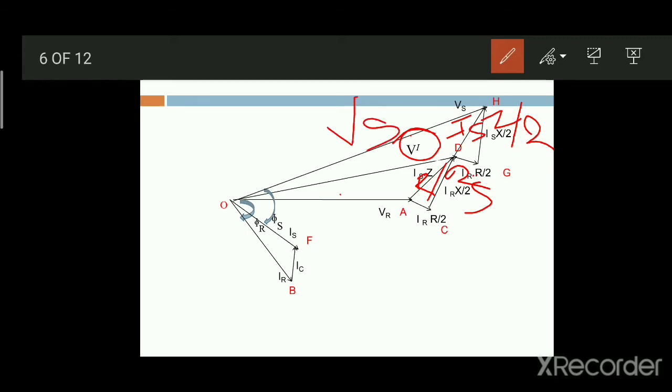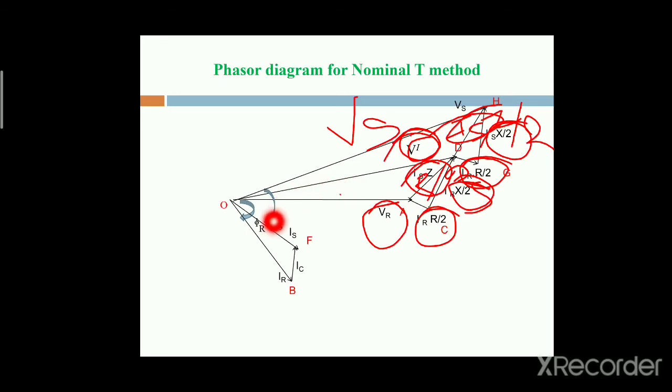This is the Vs, this is the VR and this is the V dash. These are the IRR by 2, IRX by 2, IRZ by 2, and ISR by 2, ISX by 2, ISZ by 2. The angle between this Vs and the Is is the phi s. This is the phasor diagram for the nominal T method.